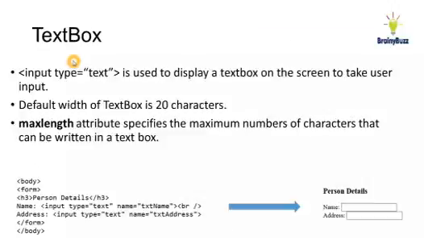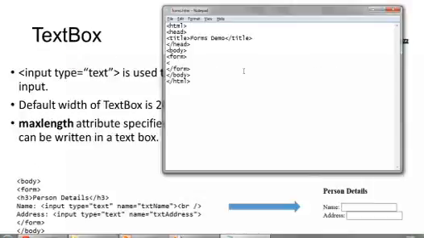Like for example, you want to display a text box, so over here what you will write is input, and then in the type attribute of the input tag you mention text for the text box, and then we usually give the name over here.